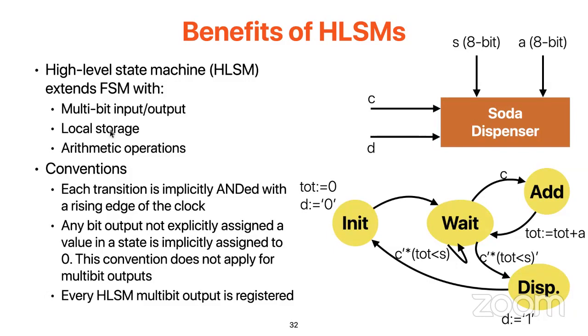So you could have some kind of data storage in there. And the convention is that each transition is implicitly ended with a rising edge of the clock, which is the same as your finite state machine. However, multi-bit outputs are something the finite state machine doesn't have. And every high-level state machine output is registered.